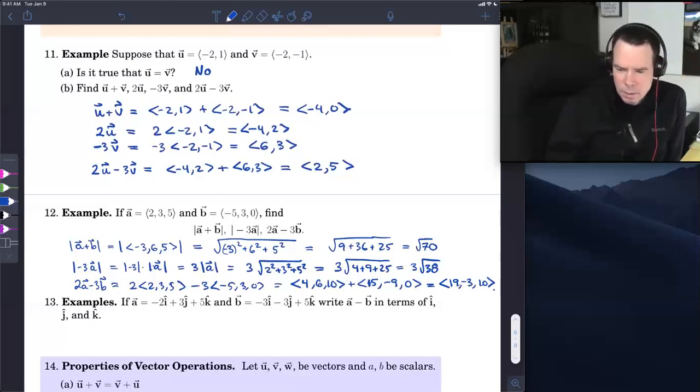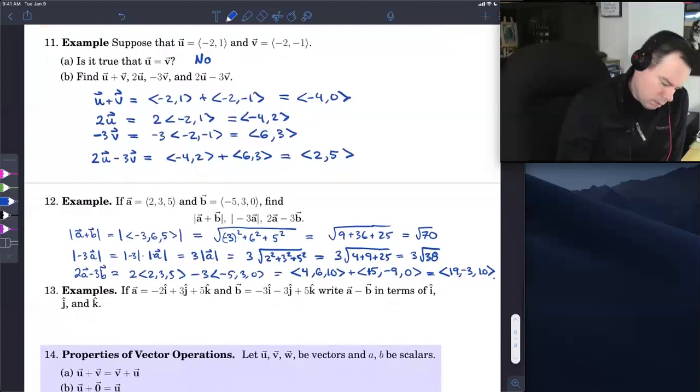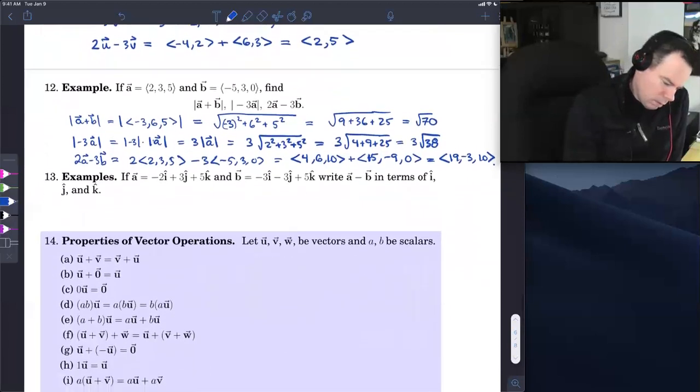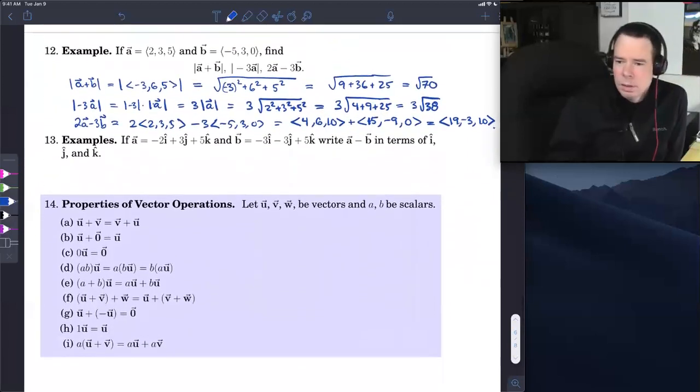All right. It was just a little bit of sample play with the arithmetic of vectors, or the algebra of vectors. One last one is just now bringing these i, j's and k's into the picture. So if a is negative 2i hat plus 3j hat plus 5k hat, and b is that vector given, write the difference in terms of i, j's and k's.